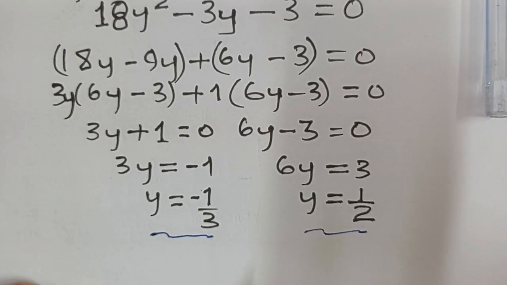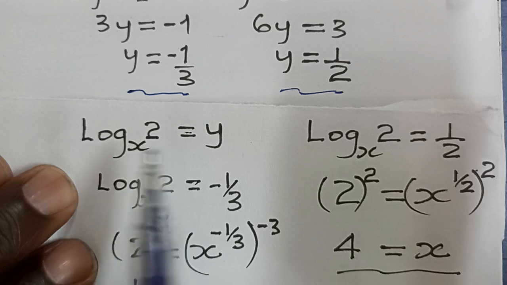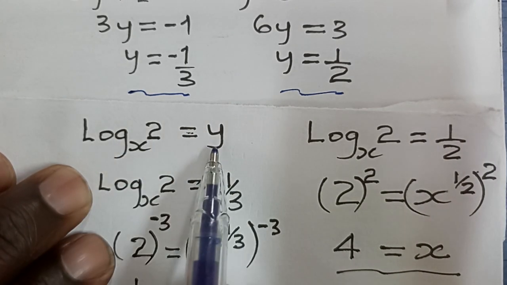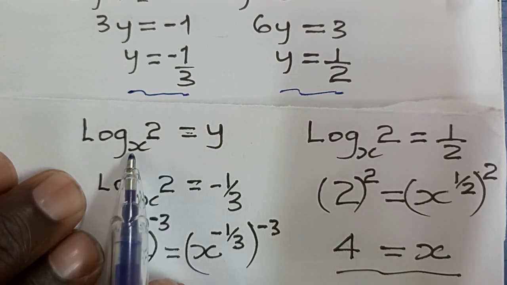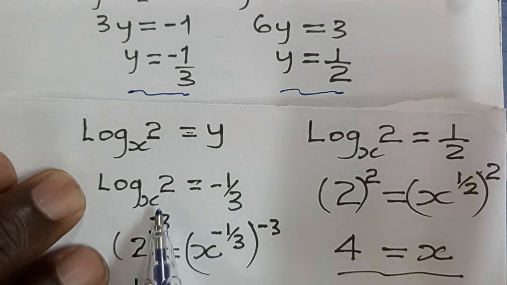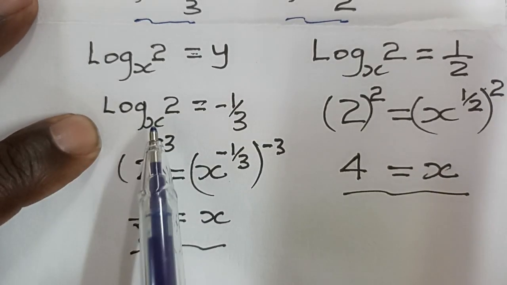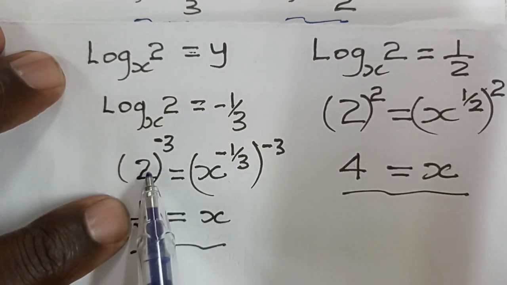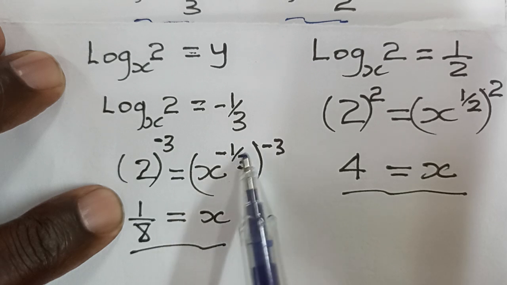From there, guys, we now go ahead and find x. So this is what we had replaced our x with, that is y, which was supposed to be log 2 to base x. And therefore, using that, I was able now to convert this into indices. And when you convert that, you get 2 equals x raised to negative a third.